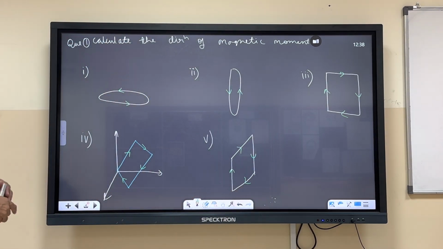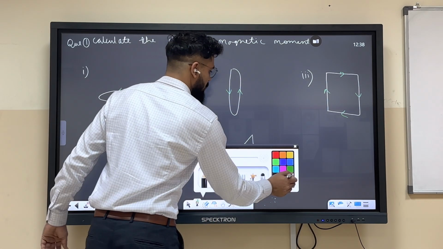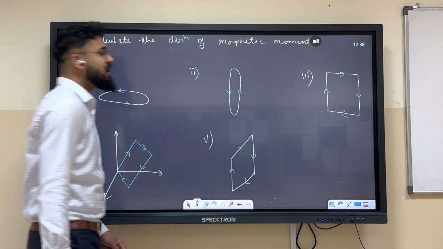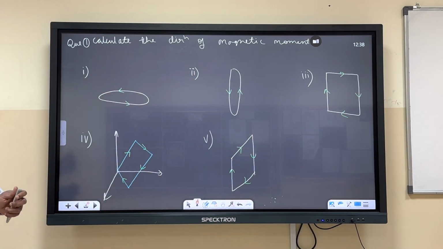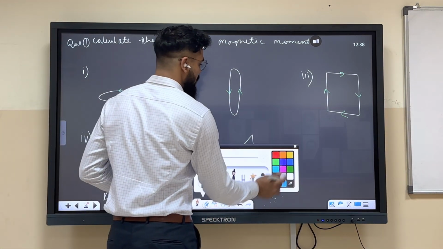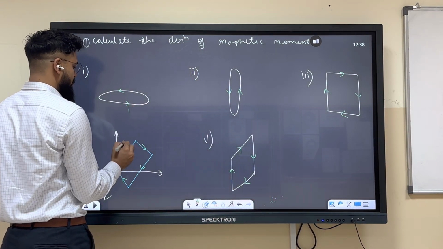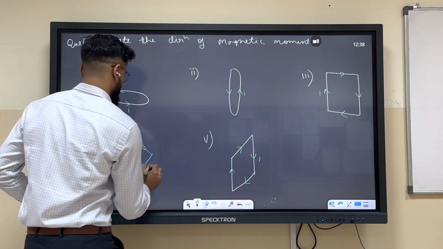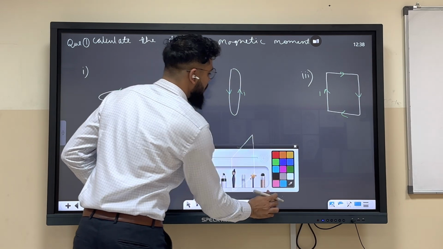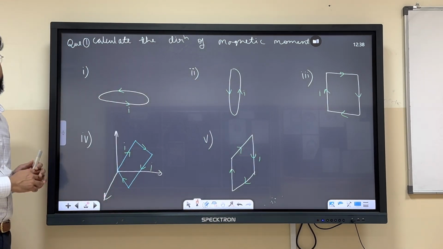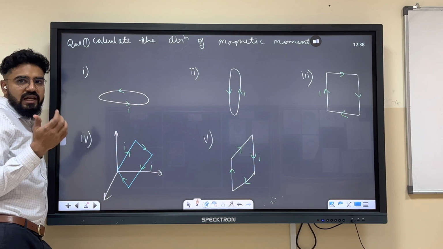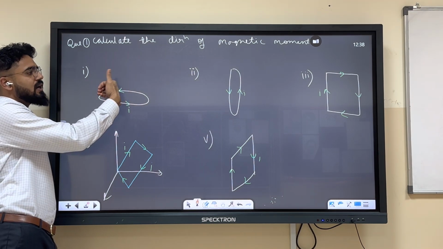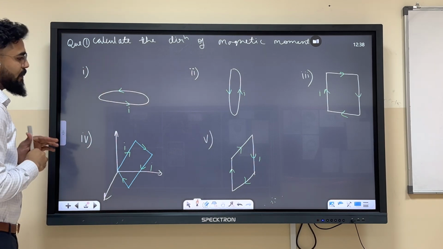So basically we have to calculate the direction of magnetic moment. Over here, this is I. So now direction of magnetic moment for first case: curl your fingers of right hand in the direction of current. So thumb will show us the direction of magnetic moment.